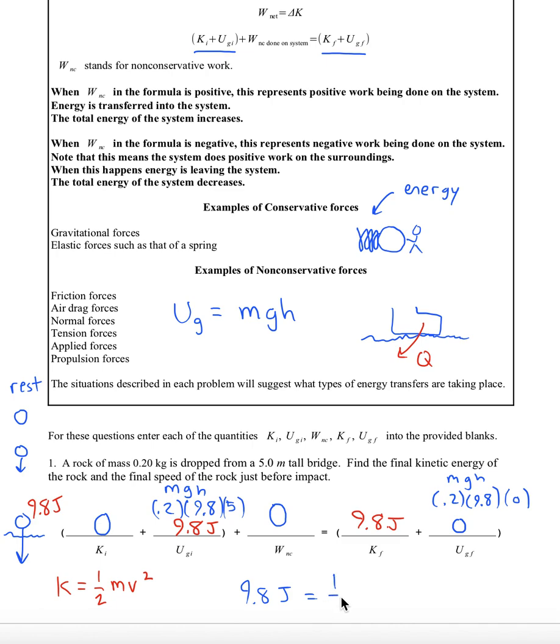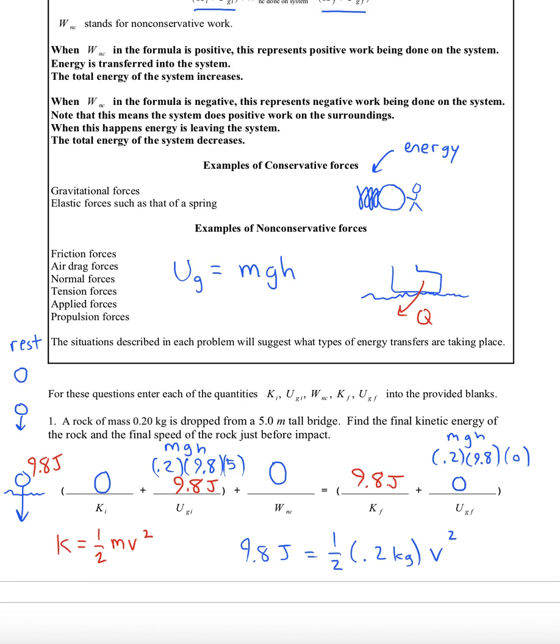And then we want to plug in the mass of 0.2. And we leave the v as a variable. And now we just try to solve it. It's 9.9 meters per second.